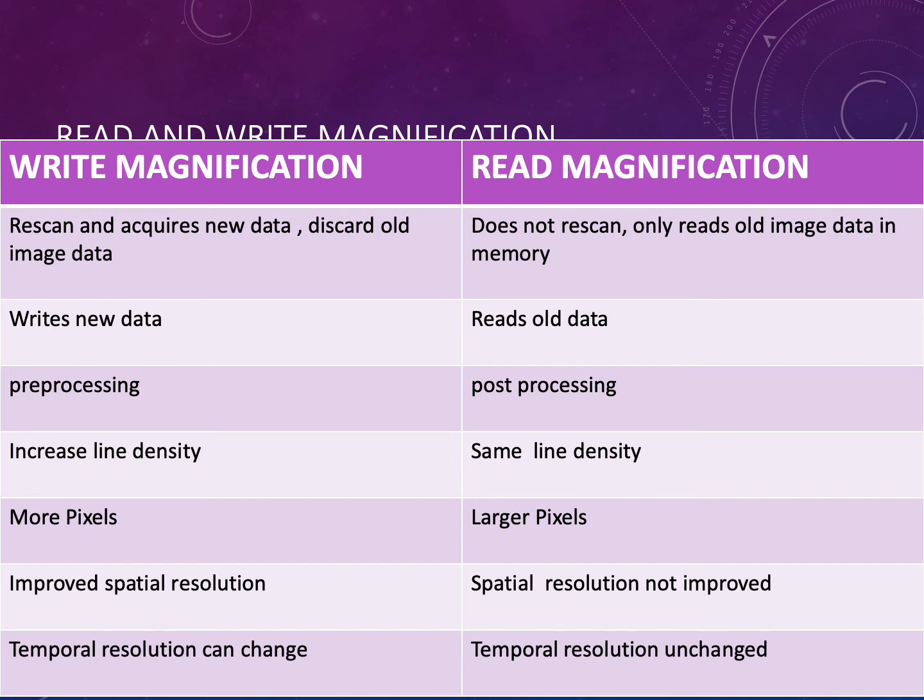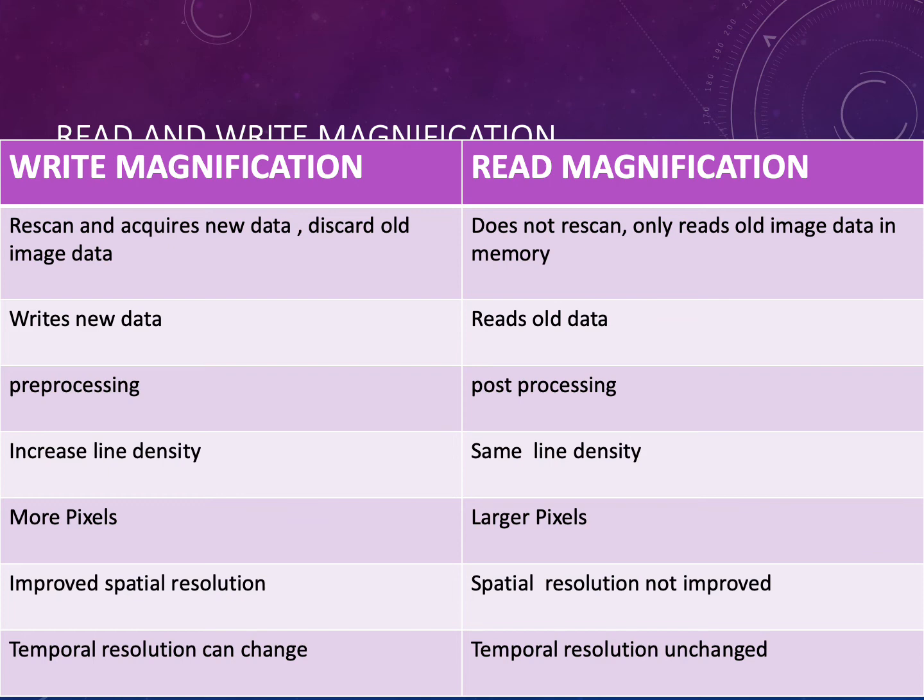Write magnification is pre-processing and read magnification is post-processing. Write magnification will increase line density. Read magnification, remember you're not acquiring anything new, so the line density is the same. Write magnification, more pixels. Read magnification, not more pixels but larger pixels. We increase the size of the pixels but not the number.